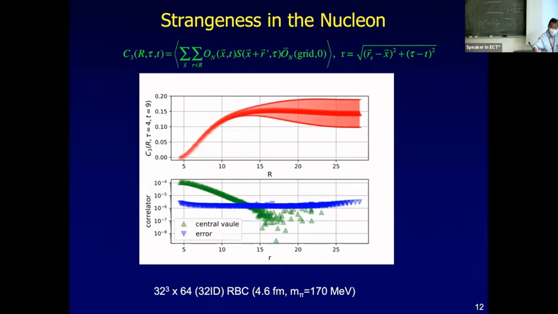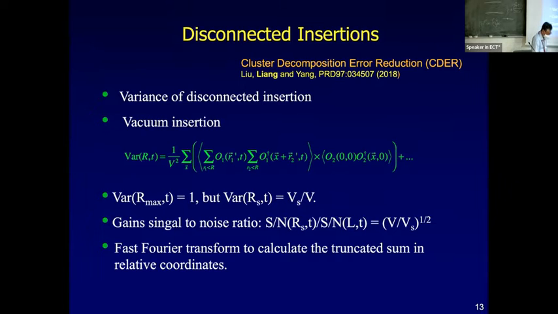You usually expect for the connected insertions that the signal falls off and the error also falls off. So there's not much to gain. But here, you notice the variance does not decay. And so this variance for the sum of everything is order 1.